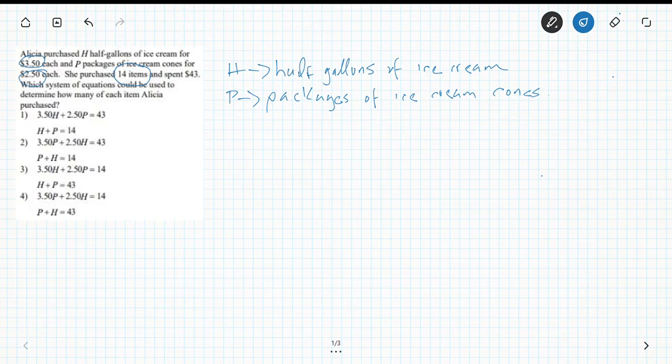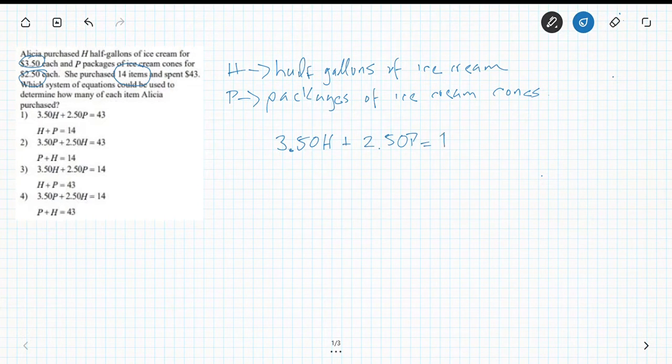Now, what we're going to do is type price and just put the whole money line first. So that's going to be $3.50 times the H half gallons of ice cream, because that's the price for that, plus $2.50 times P packages of ice cream equals how much in total did she pay at the end?